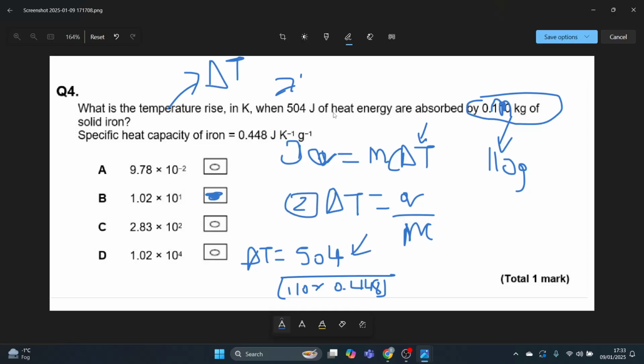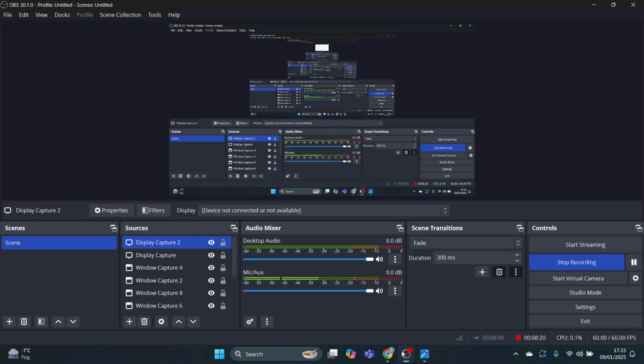And obviously you do need it in the correct units. Q is measured in joules, so we need that in joules. The mass we want in grams, so times 1000, and the specific heat capacity of iron is also per gram, and that's fine. And that will give us the temperature rise in Kelvin, 1.02 times 10 to the power 1, aka 10.2. And that's the end of the multiple choice questions.